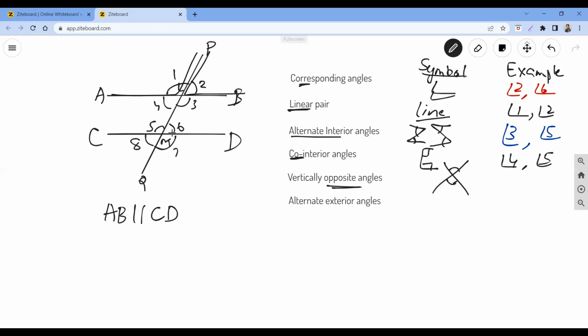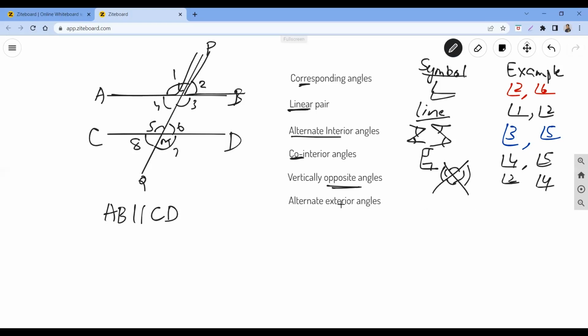There's a sword at this point and a sword at this point. So 1 and 3 are vertically opposite to each other. 2 and 4 are vertically opposite to each other. Opposite means like this, this way or the other side also. So let's take 2 and 4, it's like a cross, X, opposite. So angle 2 and angle 4.